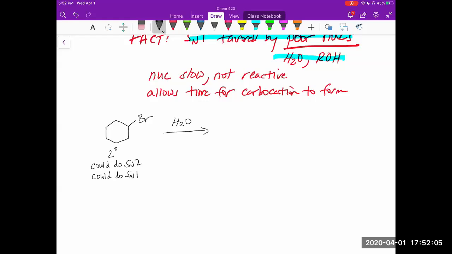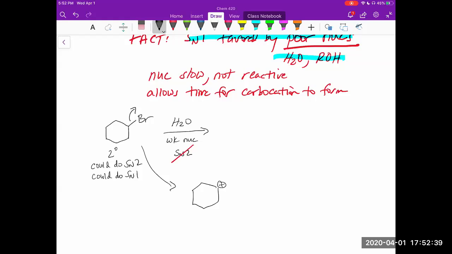I look at water, and water is a weak nucleophile. So what this tells me is that SN2, which requires a good nucleophile, is not likely. So I'm going to cross that off my list. And I'm going to say SN1. So what happens in an SN1 is I'm going to lose the bromine. I'm going to create a secondary carbocation.